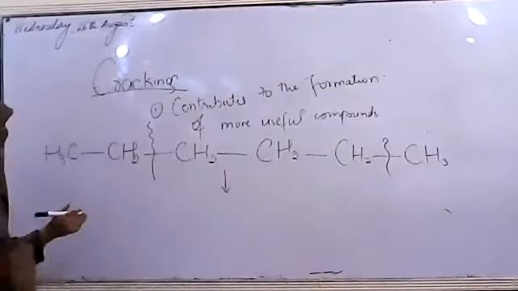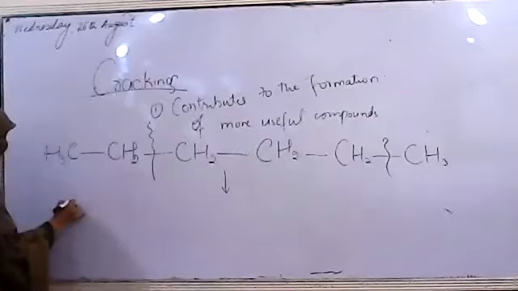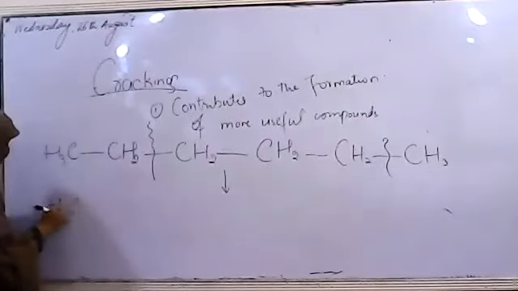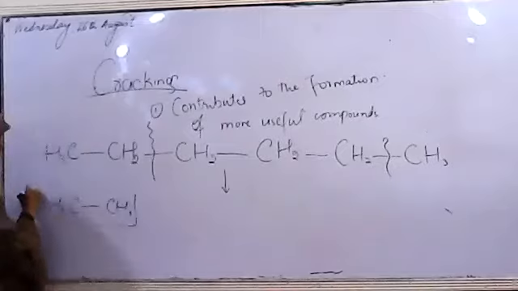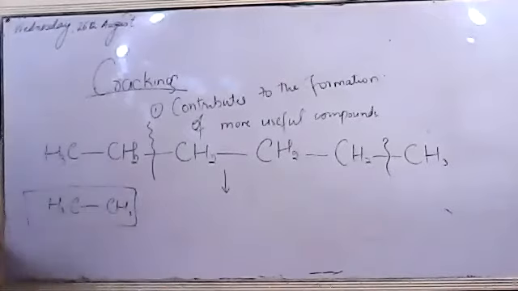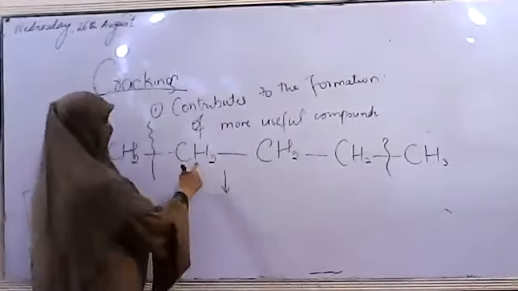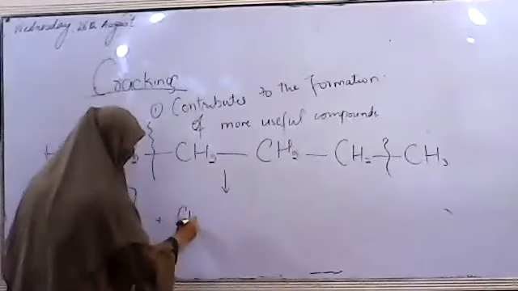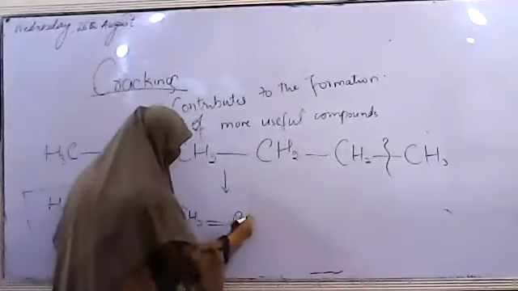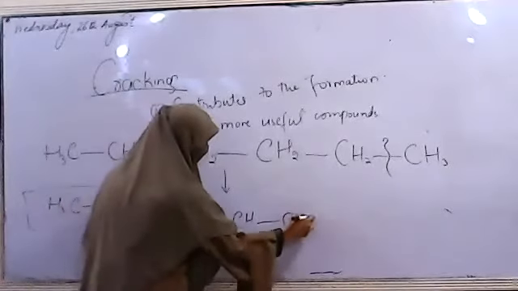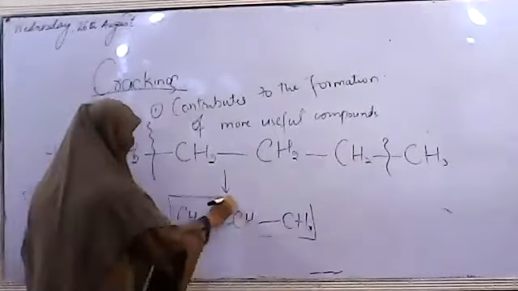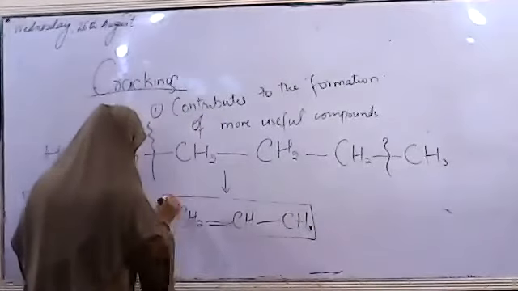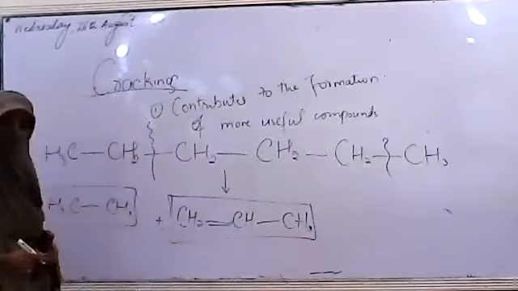Let's say one of the bonds is broken from here and one is broken from here. That is just an example. Let's say we get CH3, CH3. We get one alkene compound, that is ethene. The second compound we get is CH2, and that is propene.